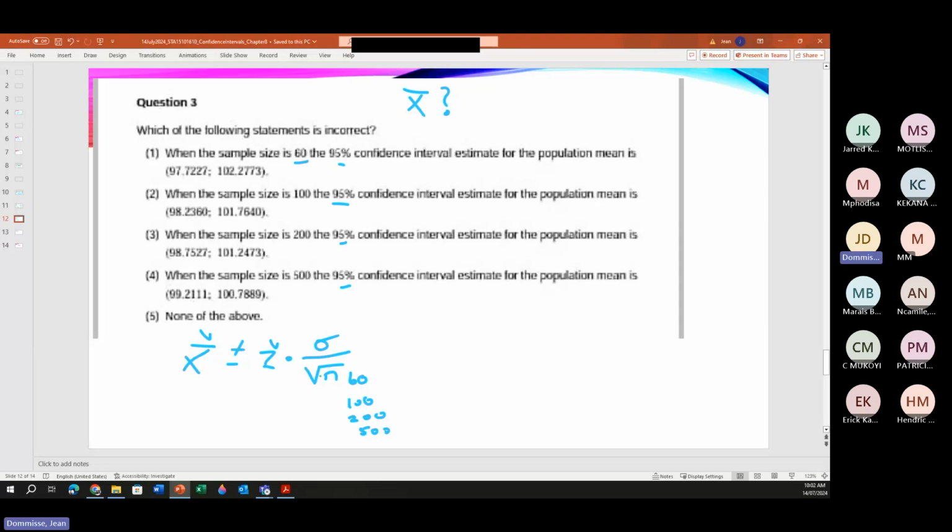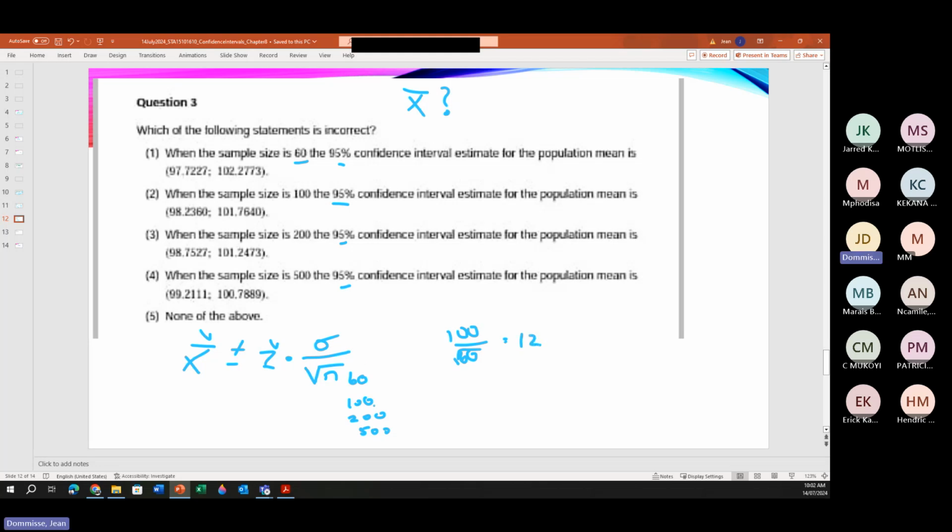so if we see 60, and let's just say the standard deviation was 100, and we divide it by the square root of 60, we get 12 point something.